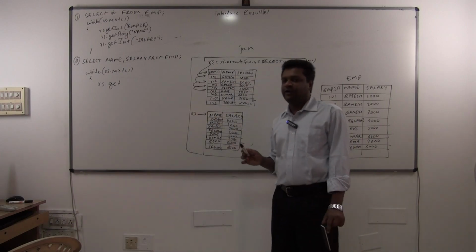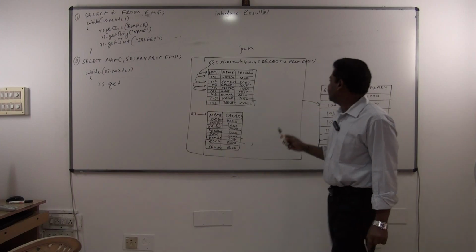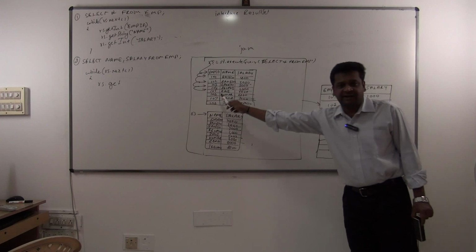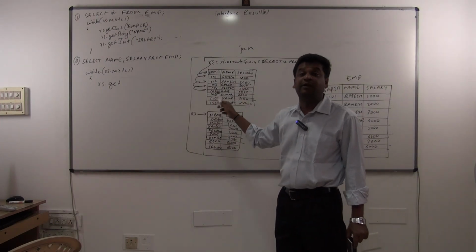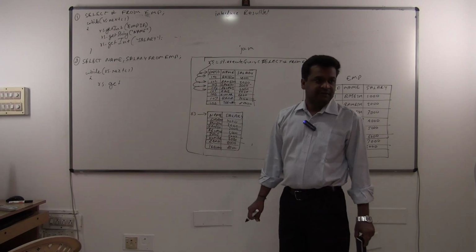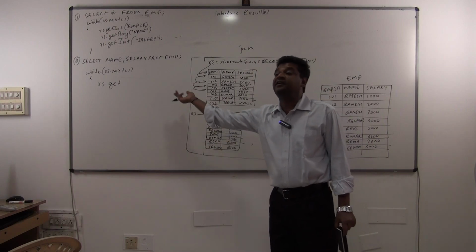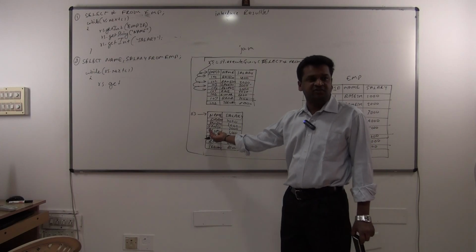Understood? So when you are working with a result set, be careful. Don't look into the tables, because the first column, the second column, the third column, or whatever columns are in the result set depend on what? Your query, what you are writing. This is the general mistake everybody makes. They'll try to say getInt, but the fact is your first column this time is a name.